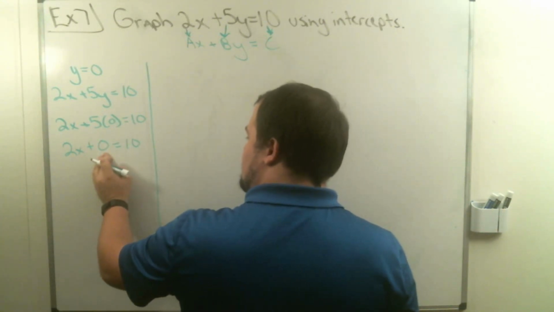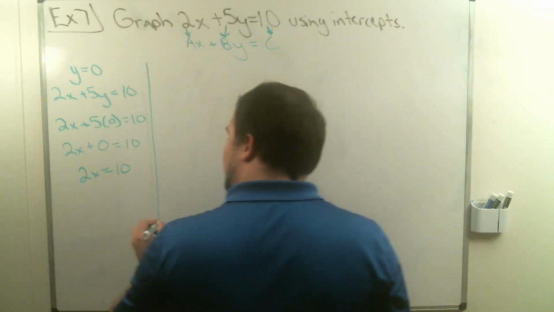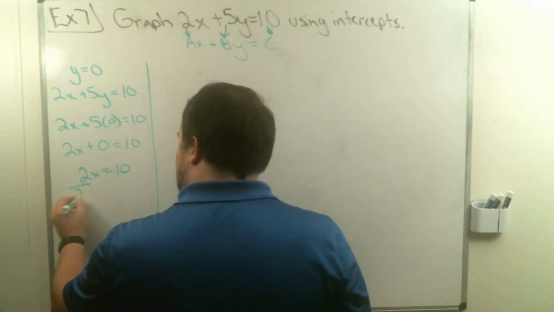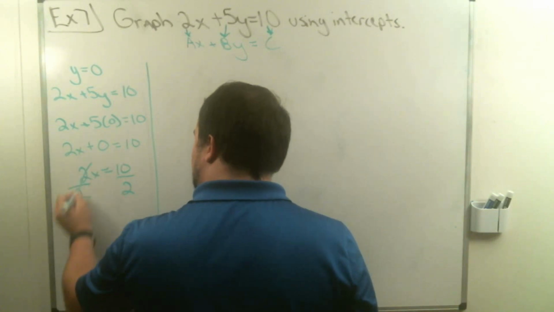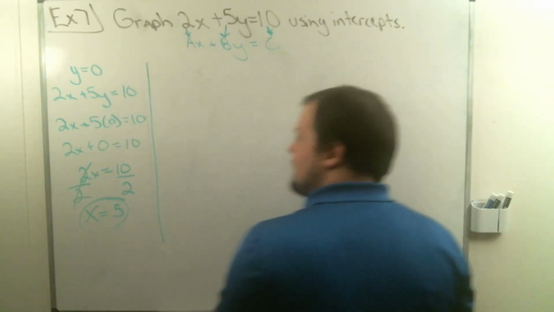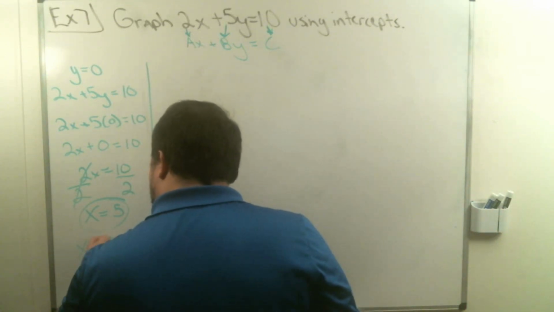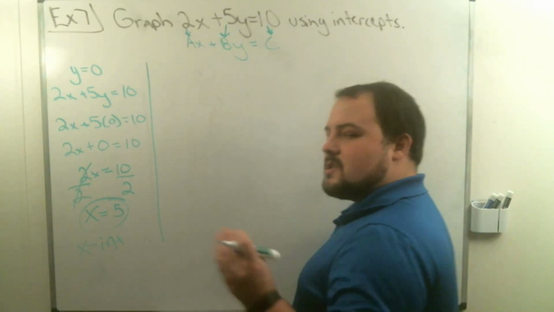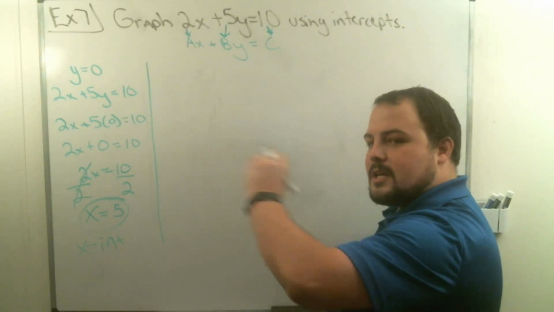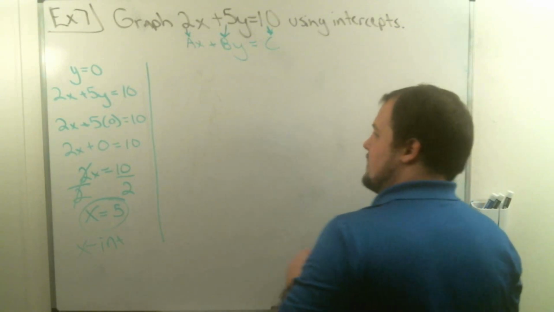If I have 2x plus 0, I get 2 x's. If I want to solve for x, all I got to do, divide by 2, and we get x equals 5. So x equals 5, this number of 5 is my x-intercept. So all I have to do is look at my horizontal line and put a dot right where 5 would be, and that's the x-intercept.